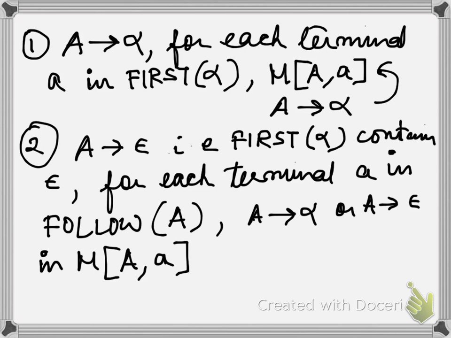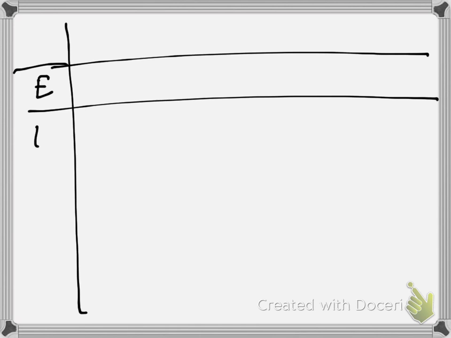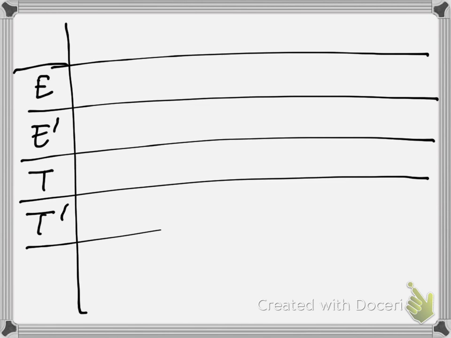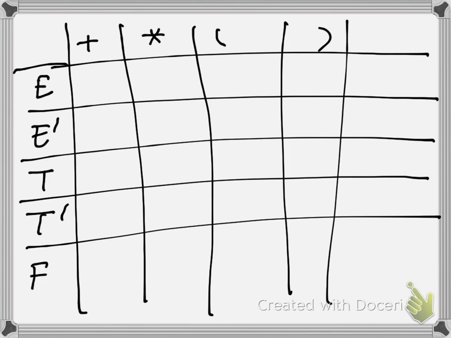Let's see it in action. We will first construct a table with one row for each non-terminal: E, E dash, T, T dash, and F, and one column for each terminal symbol: plus, star, parenthesis, ID, and don't forget we also have to put one column for dollar.